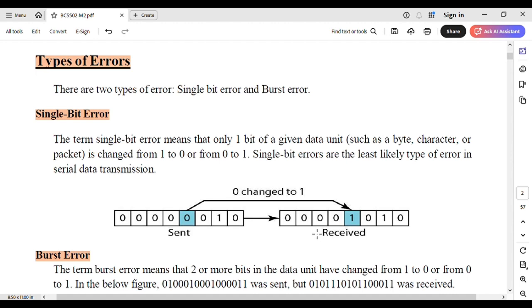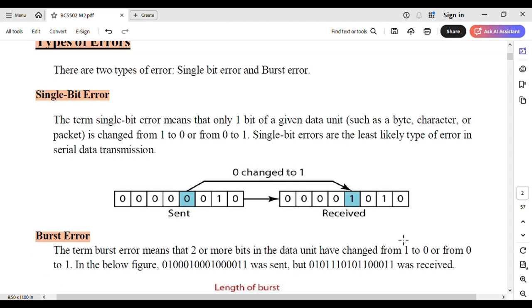Here there is a slight change in a single bit. The remaining bits are the same, 0000, and instead of 0, here a 1 is present. This means that during transmission this single bit has been altered, and for confidential applications this should not happen. So this indicates the single bit error.